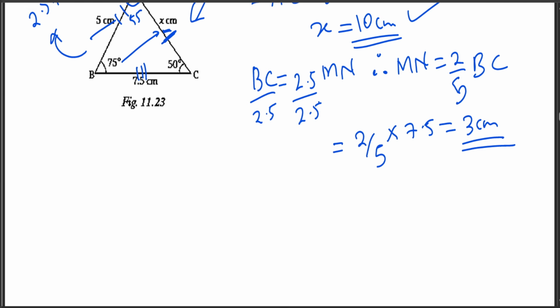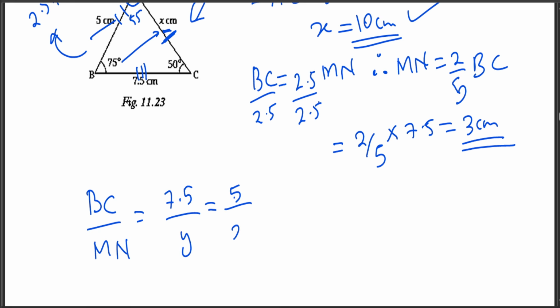But in case this one confuses you, then basically it's easy. We know the linear scale factor. How do you get the linear scale factor? You take BC divided by mn. So our BC, which we know, which is 7.5, divided by our mn, which is y, we don't know, is equal to 2.5. 2.5 is 5/2.